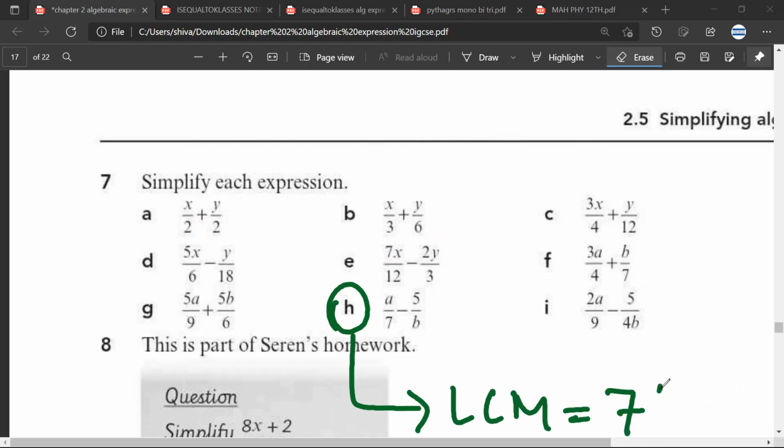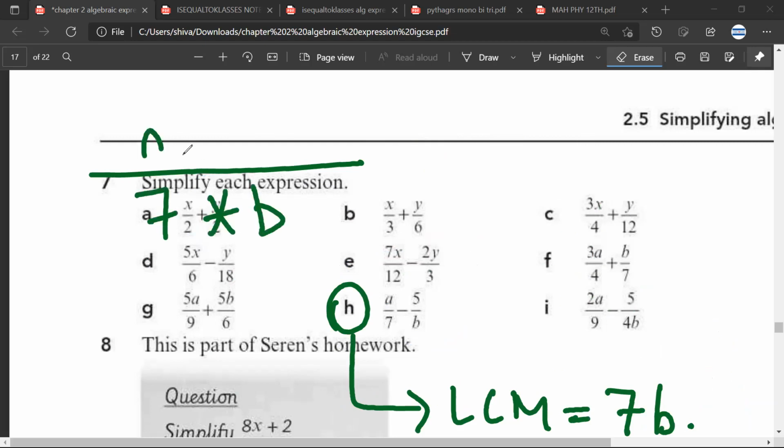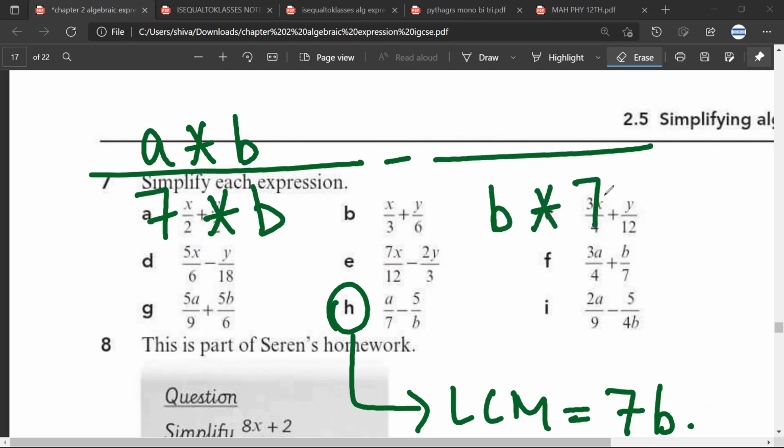So the LCM is 7b. What should I do next? So we have to multiply a into 7b, then 7 upon... then minus 5 into 7 and b into 7. Mr. Ariman, any doubt?